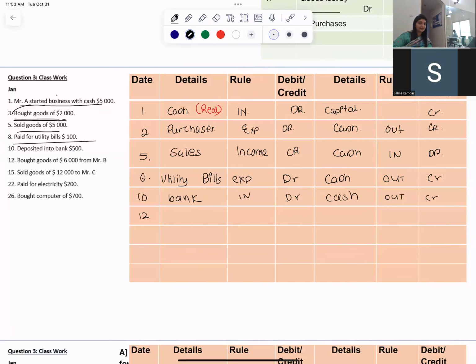It's a credit transaction. So the first part you will see, what is the first part? Bought goods. Which account is purchases? Nominal account. What is the golden rule of nominal account?